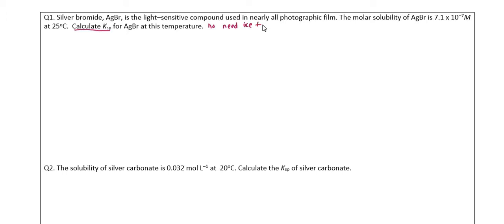No need for an ICE table. When I say ICE table, you are already familiar with it. That means before the table you have to write the equation, and then you have the rows initial, change and equilibrium.